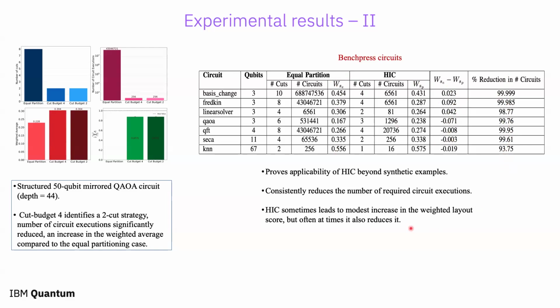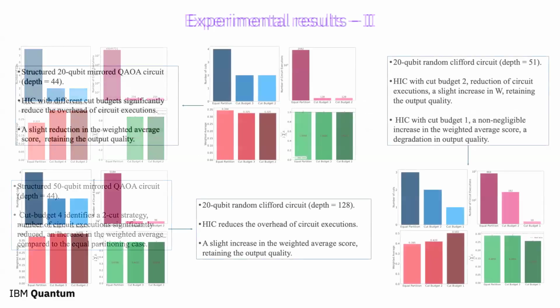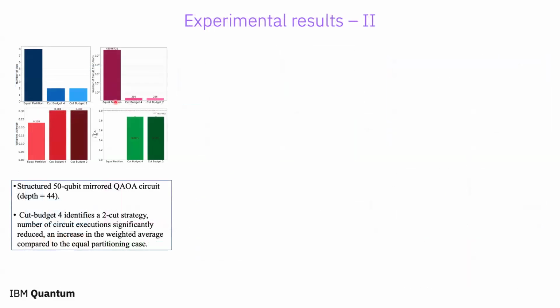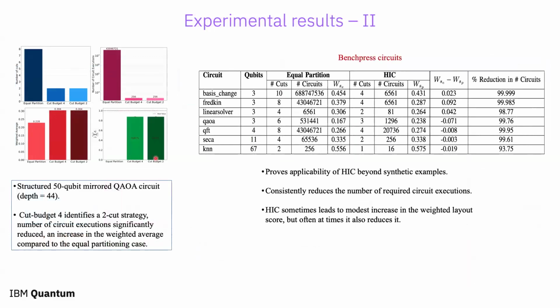So what it shows is that this hardware inspired cutting consistently reduces the number of circuit executions, but with a caveat that we shouldn't feel like we can just use this trick to reduce the number of circuit cuts required arbitrarily. That's what we showed here, that if you try to be too smart, you lose in quality. But at the same time, you can actually do circuit cutting on circuits which were previously not possible.